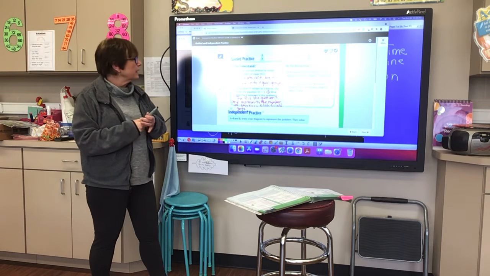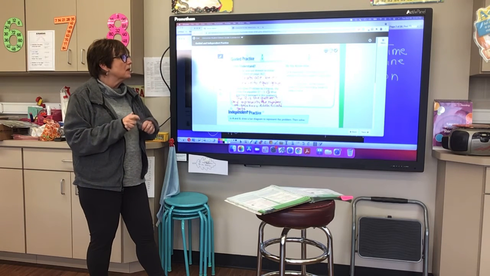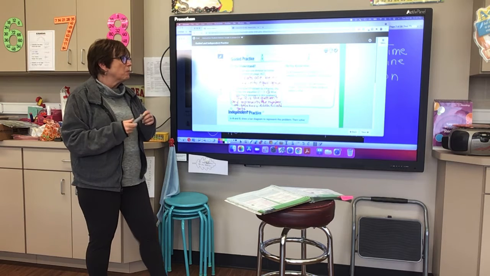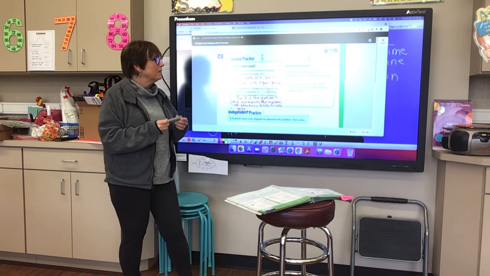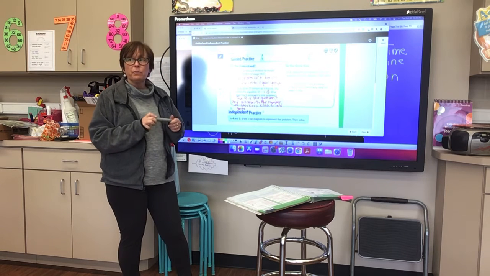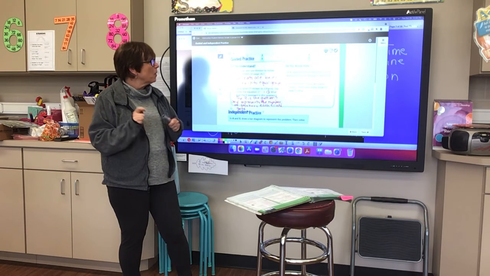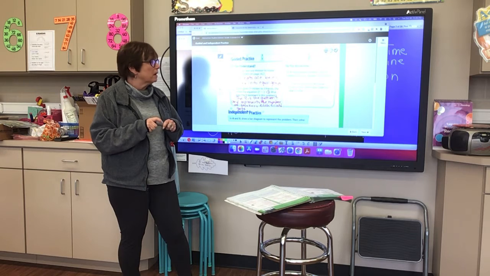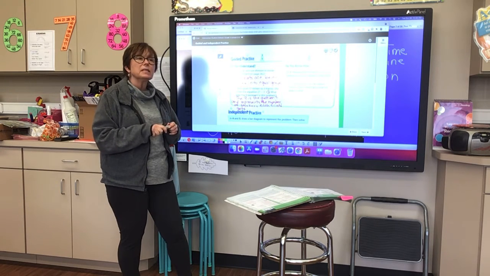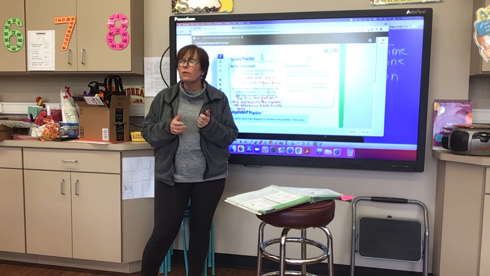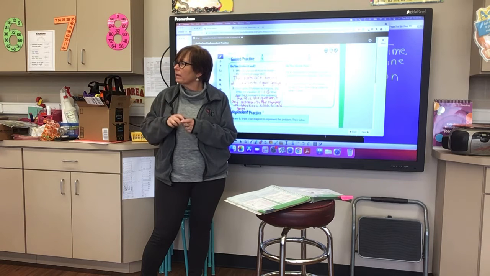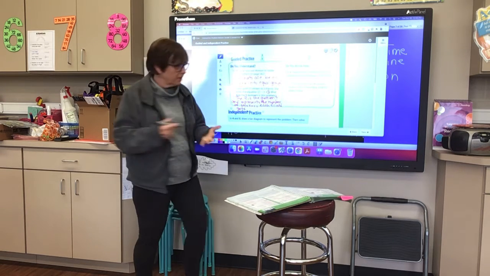Okay, now, let's look here. It says in number 3, represent the problem with an equation or a bar diagram. Then solve. Number 3, a checkerboard has 64 squares. It has 8 rows. How many columns does it have? So we could do this with an equation. What's our equation going to be? 64 divided by 8 equals what?